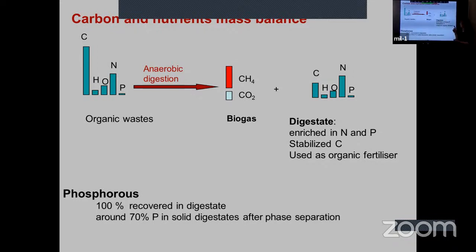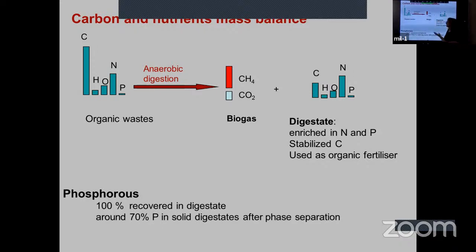And in the digestate, you will have some stabilized carbon, hydrogen, oxygen, all the nitrogen, and all the phosphorus. That's why it will be enriched in the micronutrients, nitrogen and phosphorus, and also in stabilized carbon. So it can be used as organic fertilizer.